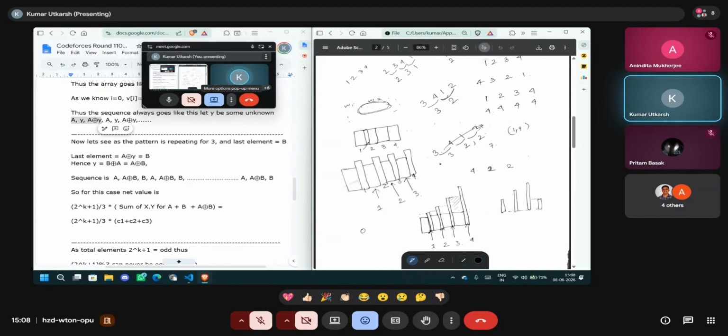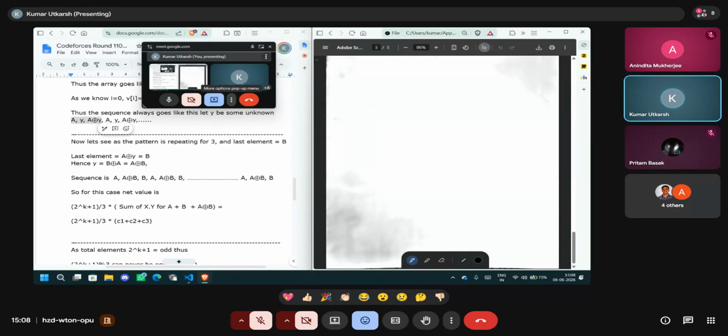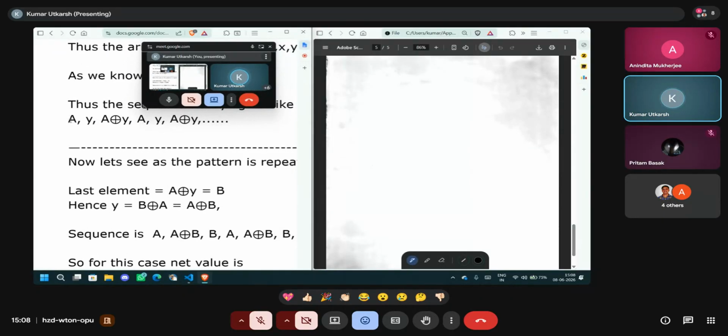So now we already see that there are three values recurring. That is, we have these three values. Can you see A, then Y, then A XOR Y? Then we have only two cases.